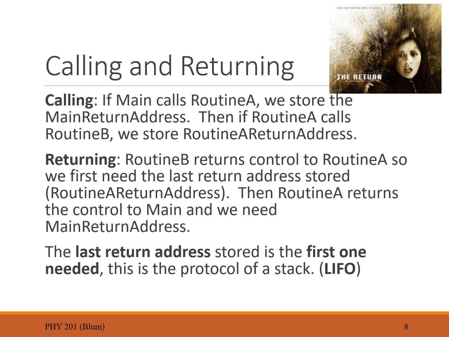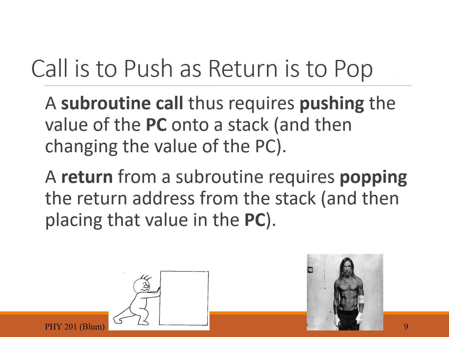And then when we're in A, we need to return to main, and that was the last address stored because we got rid of returning A. When we returned to A, we got rid of that. And so this is the rules of a stack. This is the LIFO protocol. So we see that a subroutine call is like a push, and a subroutine return is like a pop.